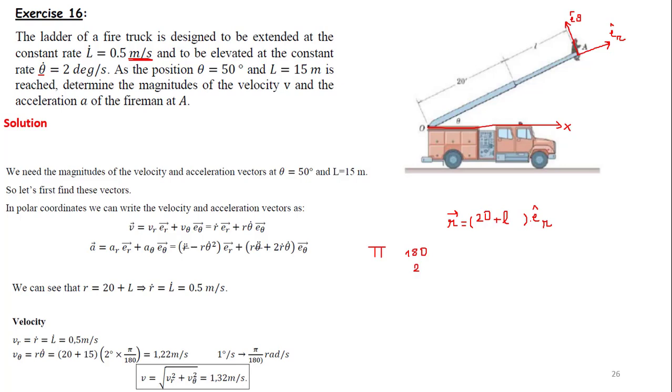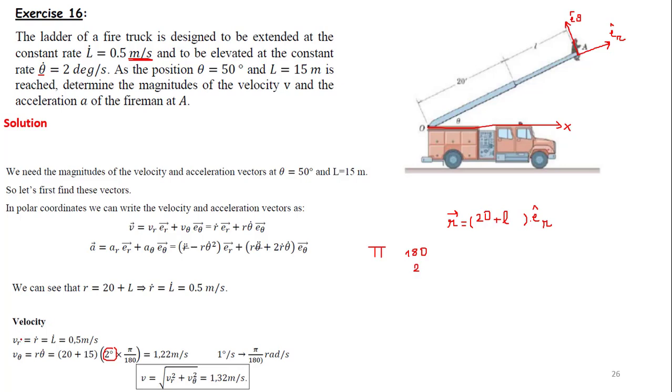Radians is the unit of angle in the SI system. That's why we need to convert here the degrees to radians. So finally we will get v theta, which is equal to r theta dot. R theta dot is equal to 2 degrees per second, and we will obtain 1.22 meter per second.